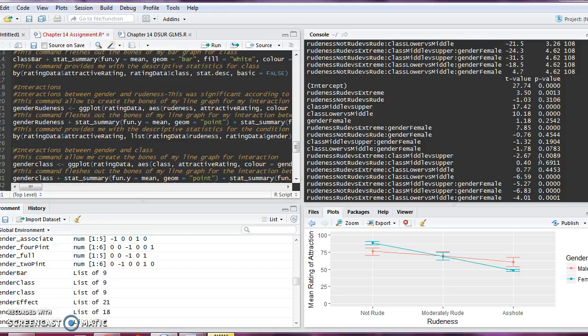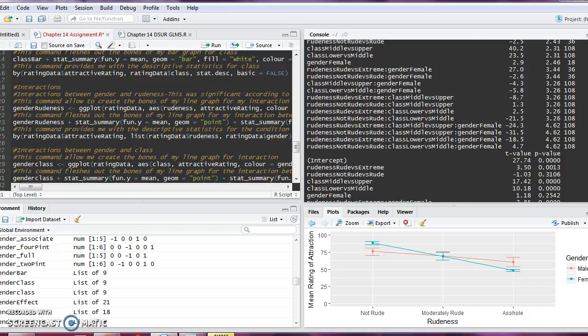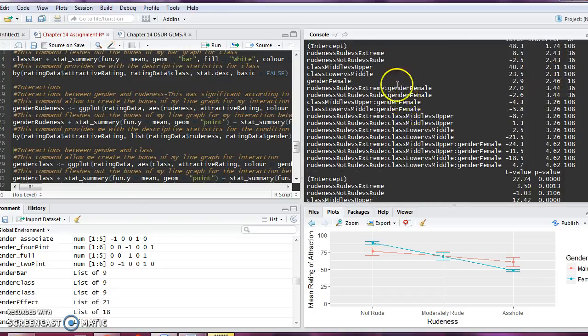So with that, dates who were lower class would be given higher ratings of attractiveness. Hold on, let me make sure. Where am I? Ah, okay. So in a sense, middle class dates would be given lower ratings of attractiveness as opposed to lower class dates.